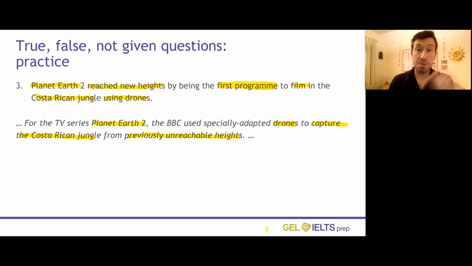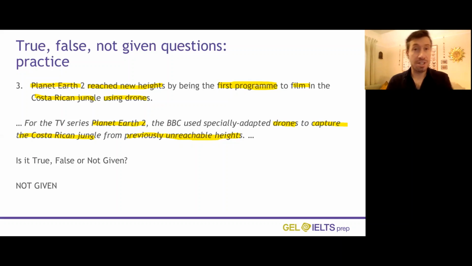They were the first program to use drones from this height, but we don't know if they were the first program to use drones in the Costa Rican jungle. So, because we don't know, is it true, false, or not given? It's not given. There's not enough information for us to say yes, true, false. So it's not given.